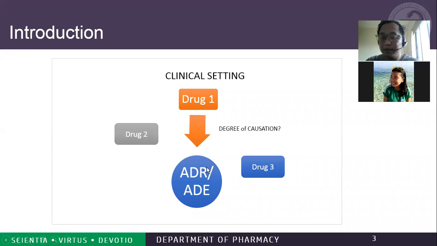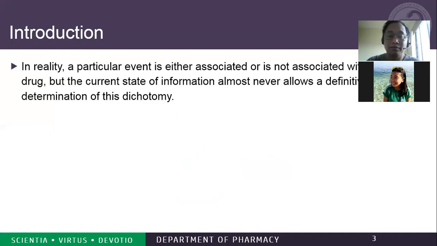In a clinical setting, any kind of adverse drug reaction or adverse drug event can be related to more than one drug or more than one condition. It can possibly also be associated with the diet of the patients and so on.